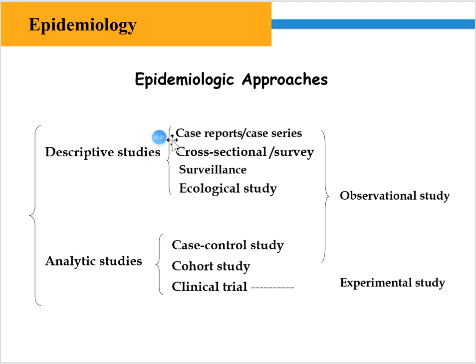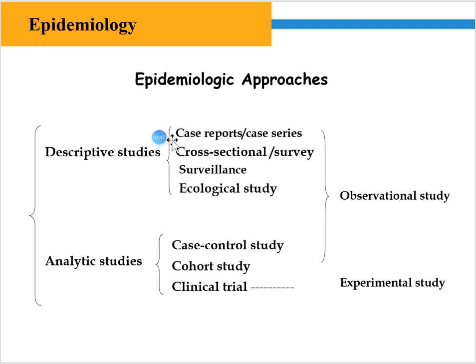According to the purpose of the research, there are 2 types of epidemiological study design. One is descriptive studies, another is analytic studies. Descriptive studies concentrate on the description of distribution of morbidity or mortality by person, by place, and by time.